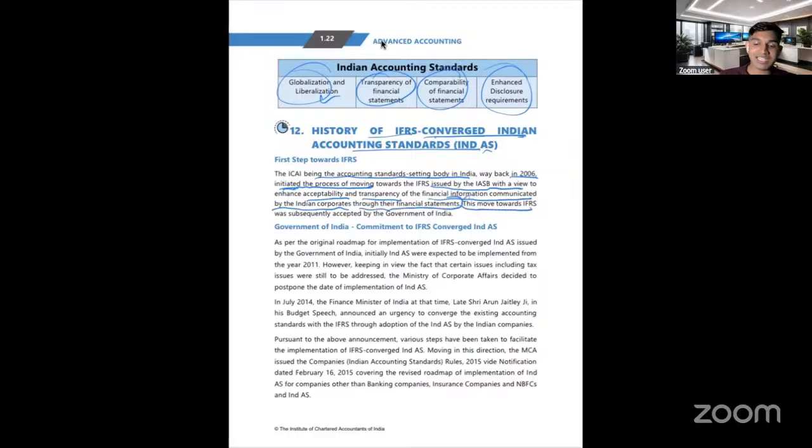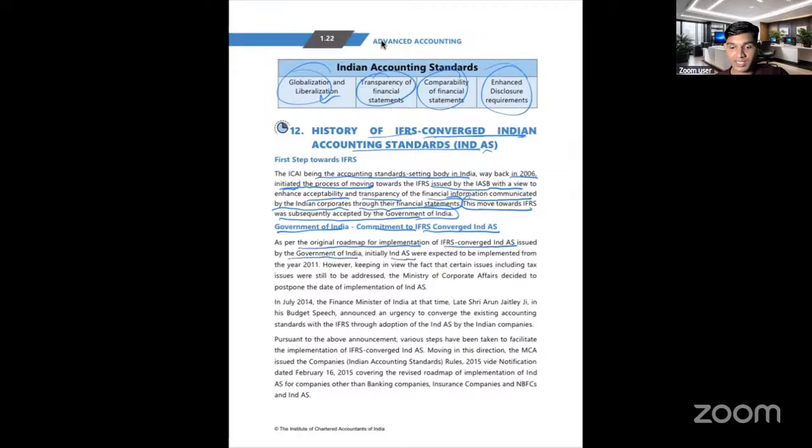This move towards IFRS was subsequently accepted by the Government of India, with its commitment to IFRS converged Ind ASs as per the original roadmap for implementation issued by the Government of India.